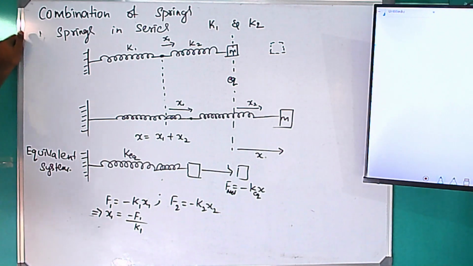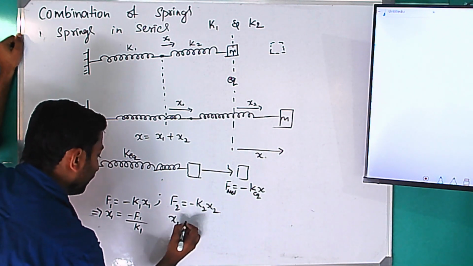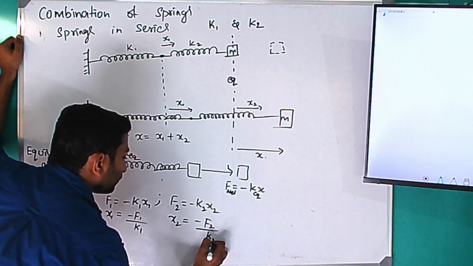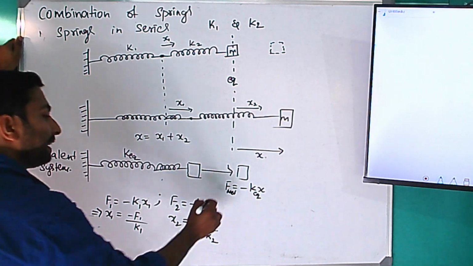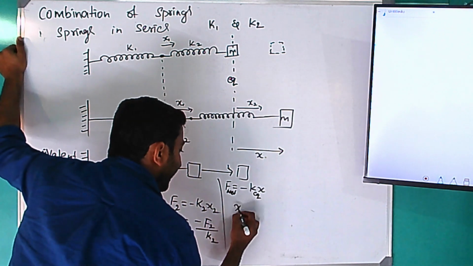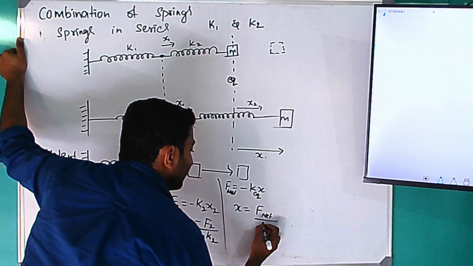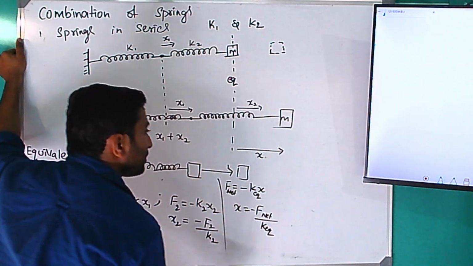Am I right? ಅದೇ ತರ x2 is equals to minus f2 divided by k2. From this, ಈ equation ಇಂದ x is equals to f net divided by k equivalent with negative sign.